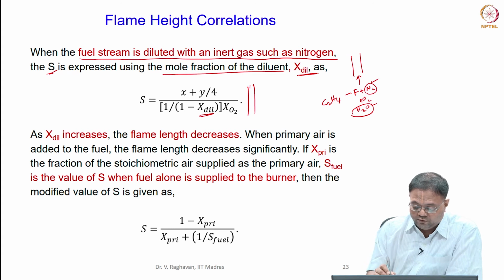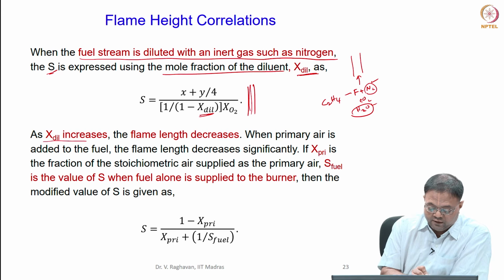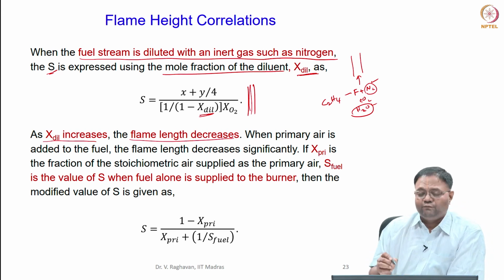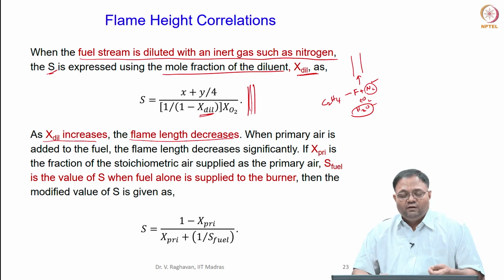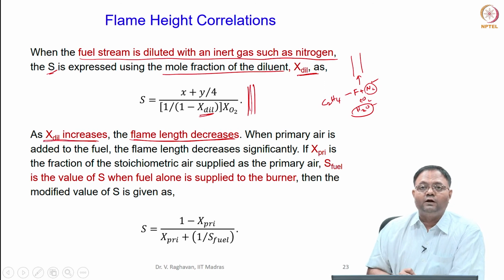Now what happens if you do this? If I increase the mole fraction of the diluent, the flame length decreases because the fuel component comes down. The fuel will find enough oxygen within a shorter length. The heat release etc. will come down, but anyway the flame length will decrease obviously because of the decrease in the fuel content.